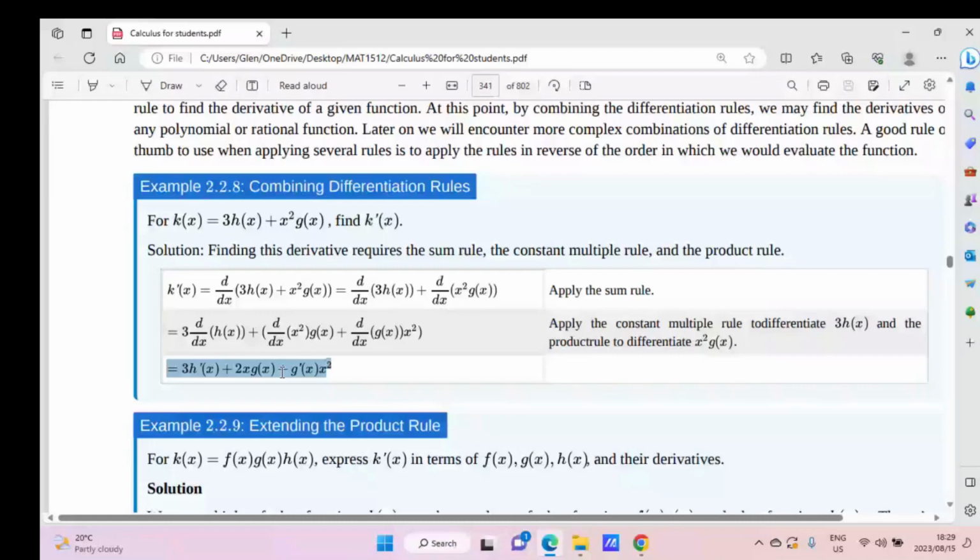Then you can close the bracket. Times f of x. And then you close the square bracket. That's it. I close the square bracket, as you said.